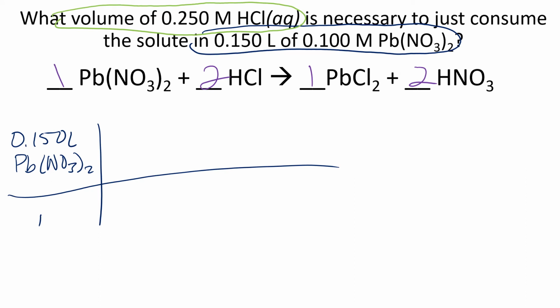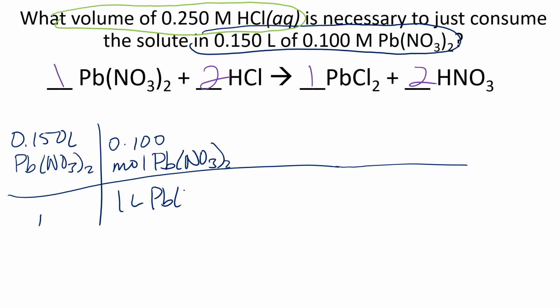Okay, so make this longer. Alrighty, so I gotta use my molarity right next to those liters. When it says of something, that means they're grouped together. So it will be 0.100 moles lead 2 nitrate on the top, 1 liter on the bottom.